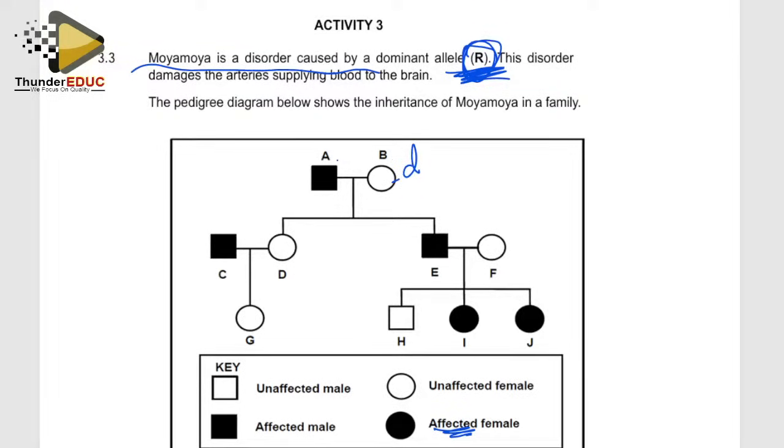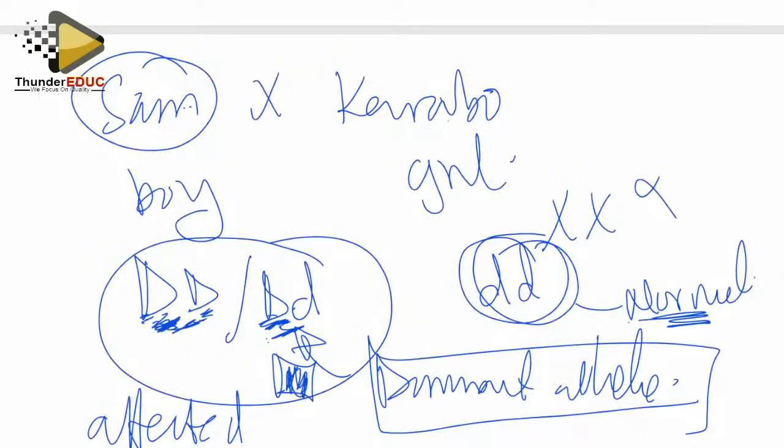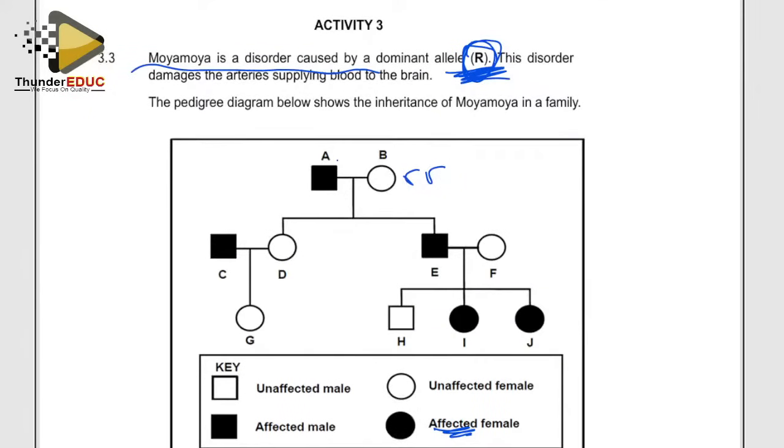So it's going to be small r, small r. The same way we said it here, the normal is the recessive allele. And then this one will be either capital R, capital R, or capital R, small r. Let's find out which one.